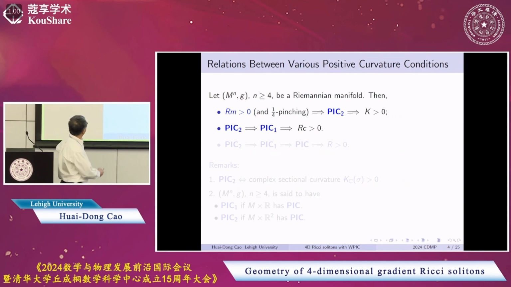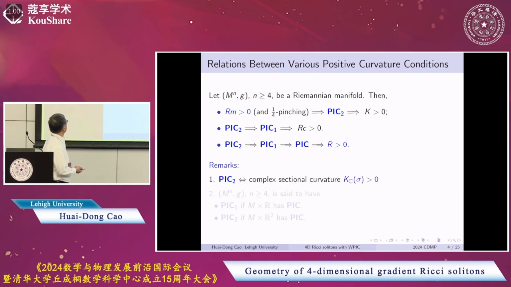The PIC notion was introduced in 1988 by Micallef and Moore, and they also observed that both curvature operator positive or quarter pinching implies the complex sectional curvature is positive, and that implies the sectional curvature is positive. And so this is the so-called PIC2 and PIC1.